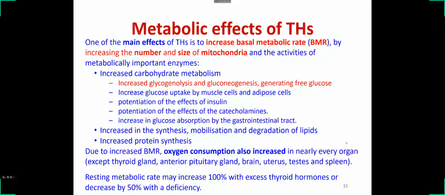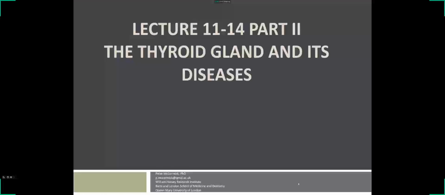And then I'll give you a bit more review before our next lectures, and then tomorrow we can start talking about diseases and what happens when we have these excess or deficiency of thyroid hormone. Okay, well, that's all I have for you today.